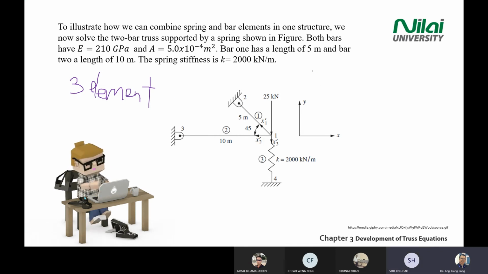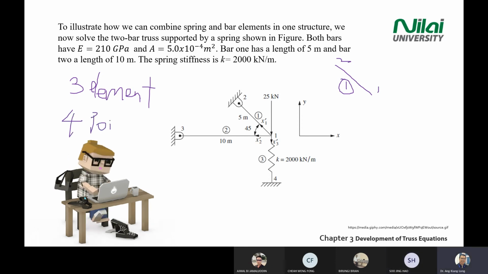Now, I draw the first element. Element 1, you have 2 points, right? Okay, in total, you have 4 points, 4 nodes in the whole system, correct?